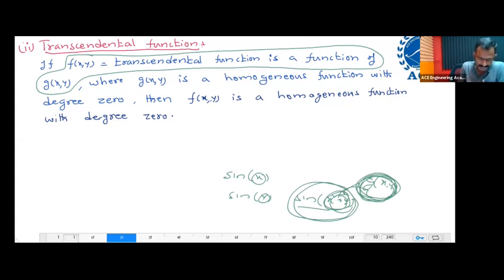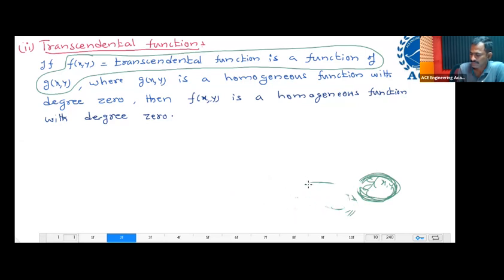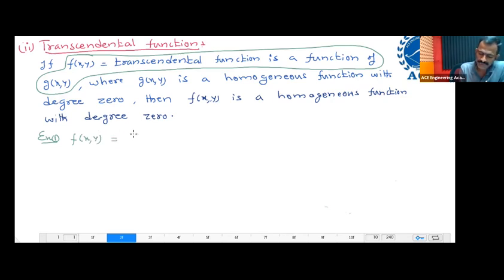Example number 1. f of x comma y equal to sine inverse of x square plus xy divided by y square minus 2xy.